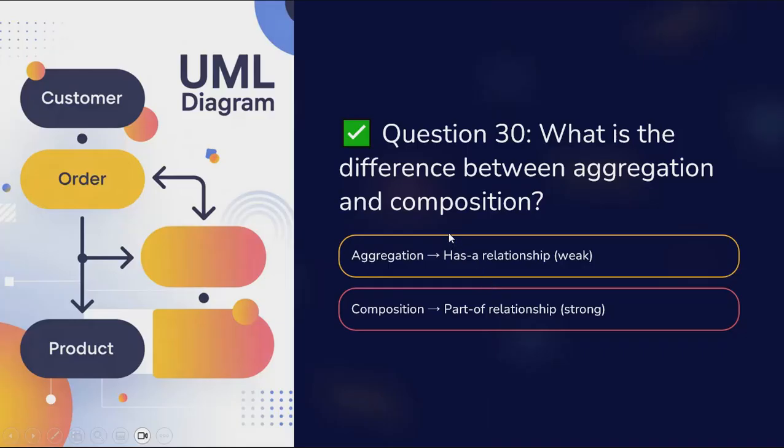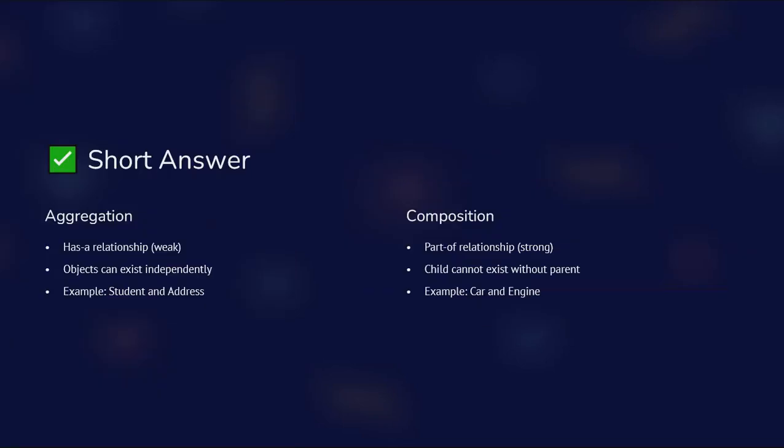And the question number 30, what is the difference between aggregation and composition? So aggregation is a has-a relationship, weak, while composition is a part-of relationship, it is strong. So aggregation has-a relationship, objects can exist independently. Example, student and address.